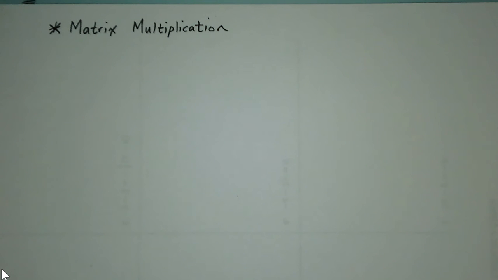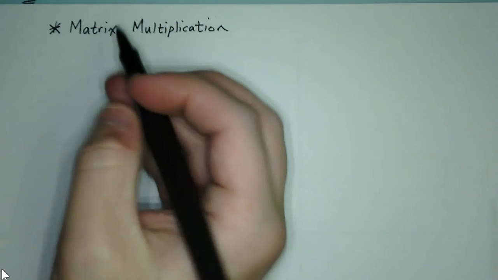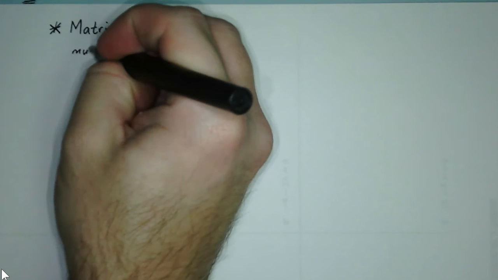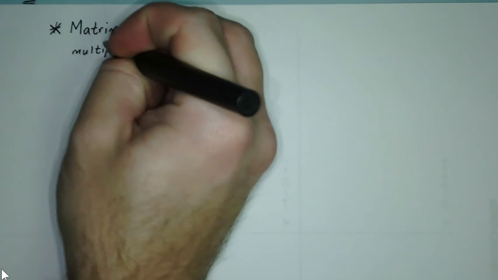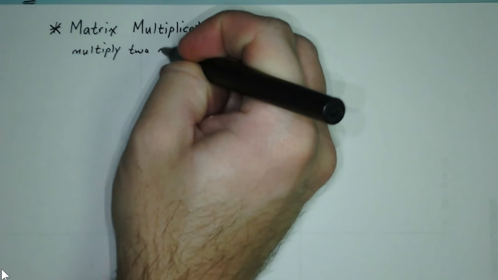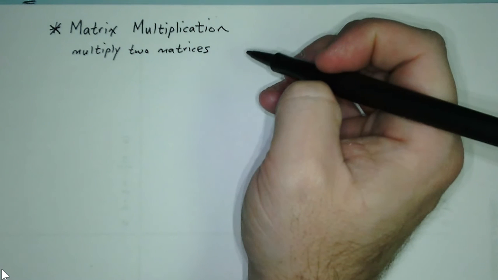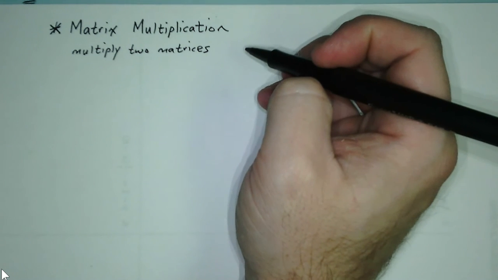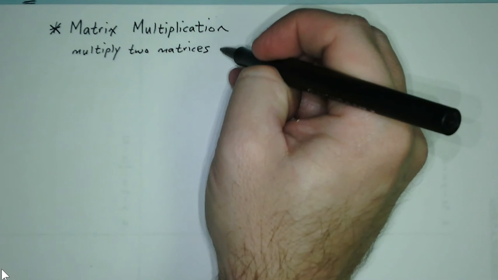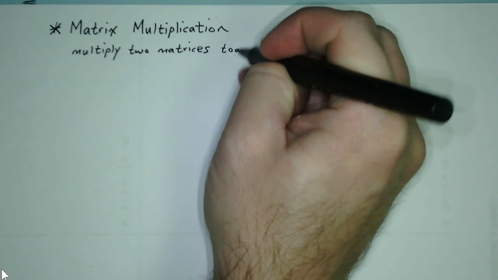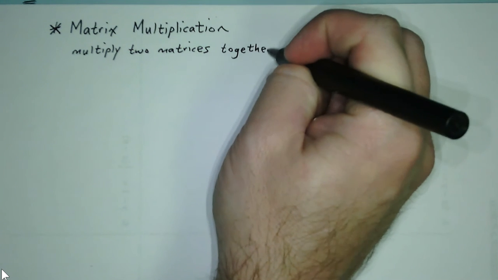This, not so much. This is going to blow your mind. When I said, let's multiply two matrices together, how do you think that's going to play out? You'd be wrong.